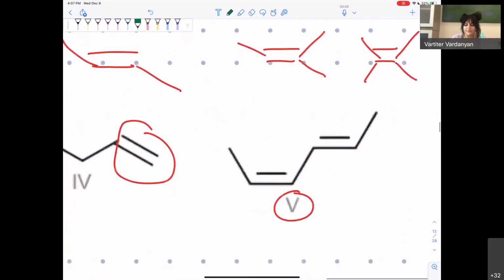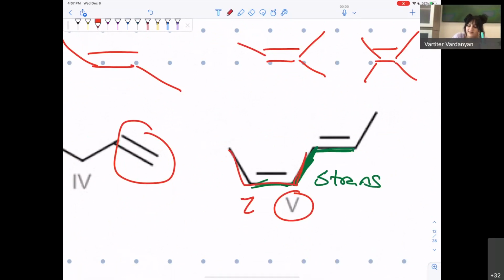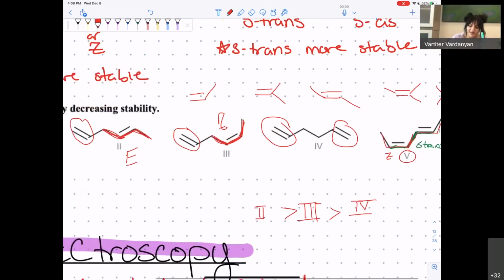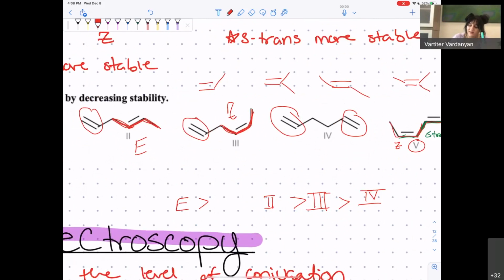For number 4, the one in the middle is still S trans, but we have Z, E. Z sucks. So the one that has 2 E's is first place. The one that has 1 E and 1 Z is second place.